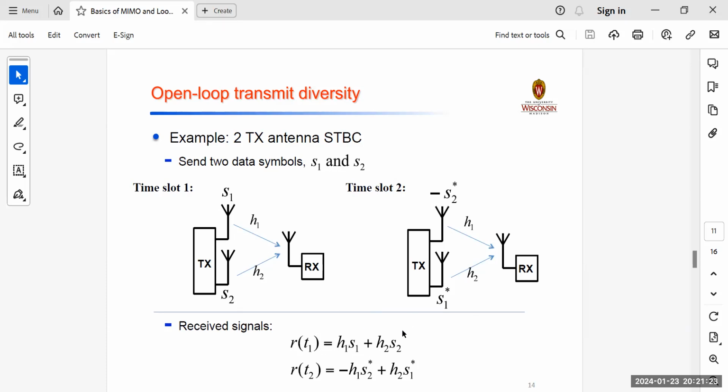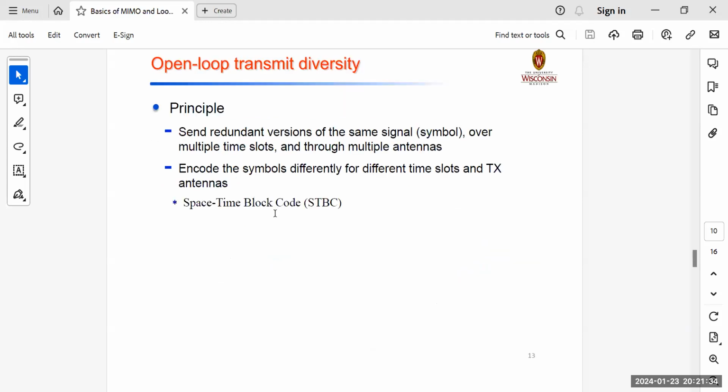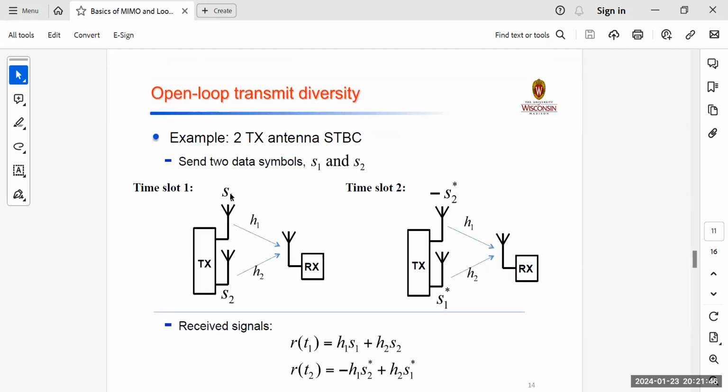And for time slot 2, instead of transmitting symbols S1 and S2, we send minus S2 conjugate and S1 conjugate, right? So this technique is also known as space-time block code, where you encode the symbols differently for different time slots and transmit antennas in order to improve the performance, right? You send S1 and S2 at time instant T1, and you send minus S2 conjugate and S1 conjugate at time instant T2. RT1 and RT2 would look like something like this, right?